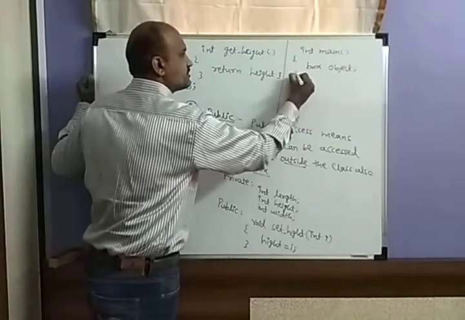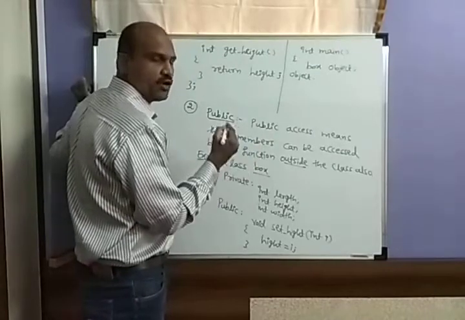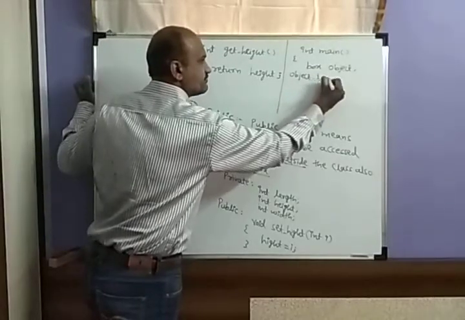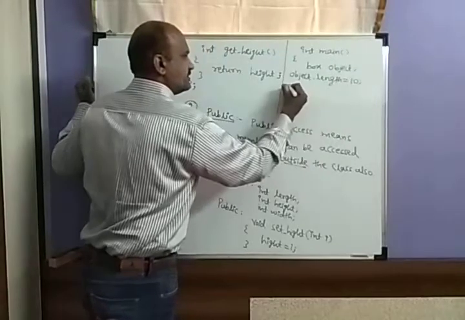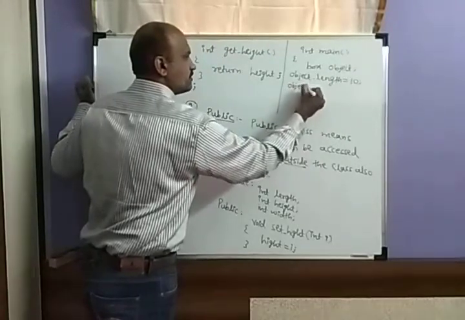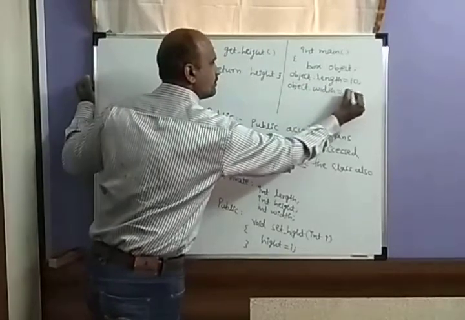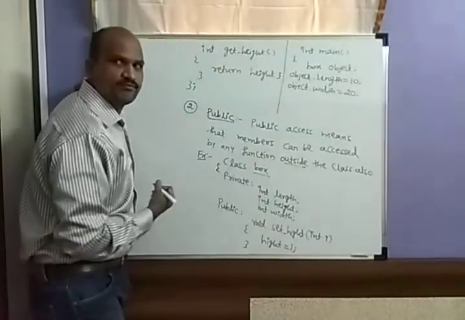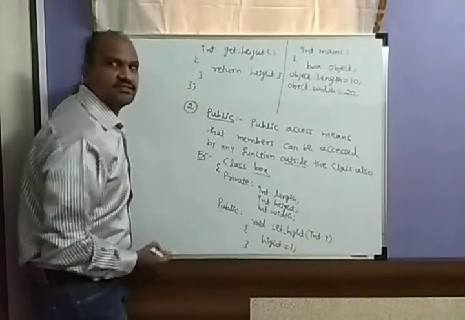So object dot length, whatever dot you are using, is 10. Then object dot width, I specify 20. Then height.